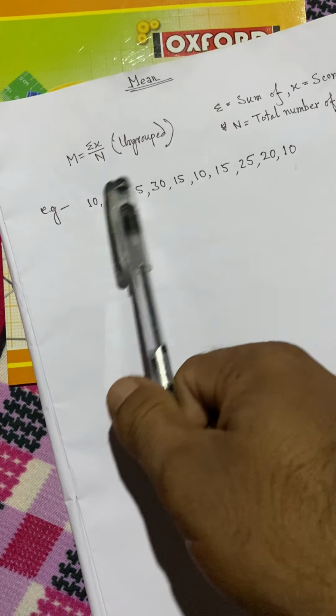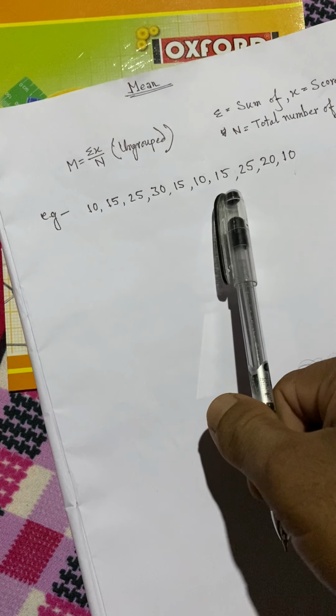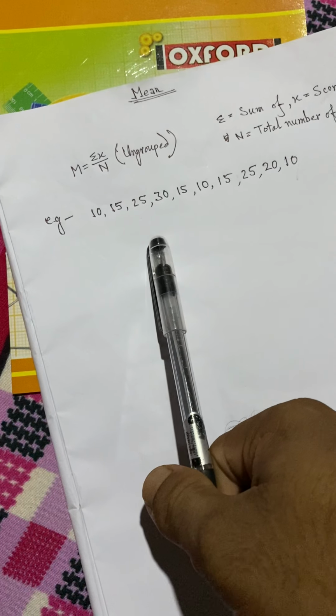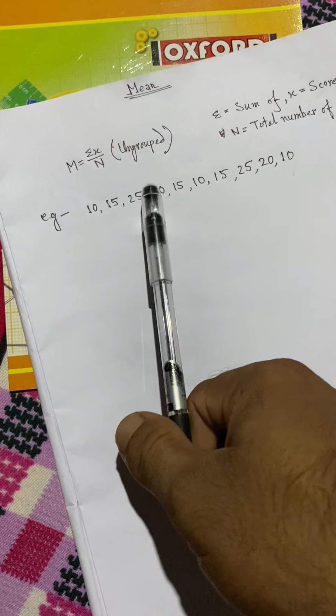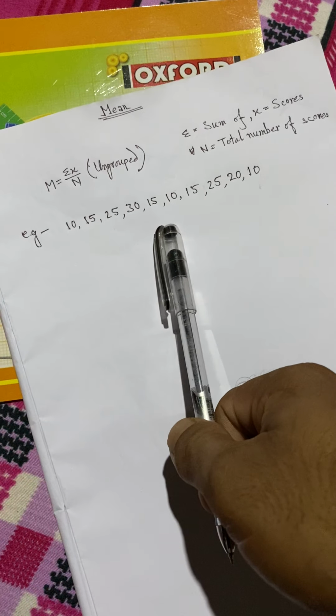If you see this observation, here the number of scores is less. When the number of scores is less, you need not prepare groups. Without preparing groups, you can find out the mean. This is ungrouped.